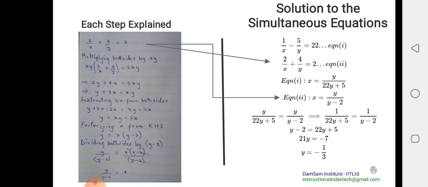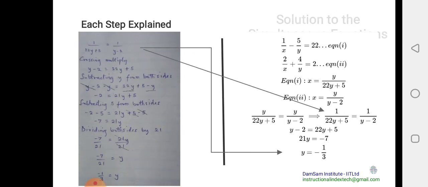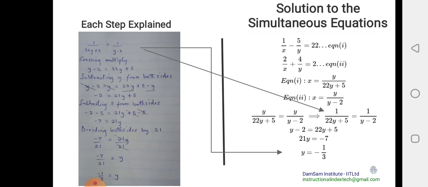The reason being that when we multiply both sides by 1 over y, the y at the numerator will be cancelled out, and it will be 1 at the numerator. Then we proceed from there to have a linear equation, no more fractional equation.